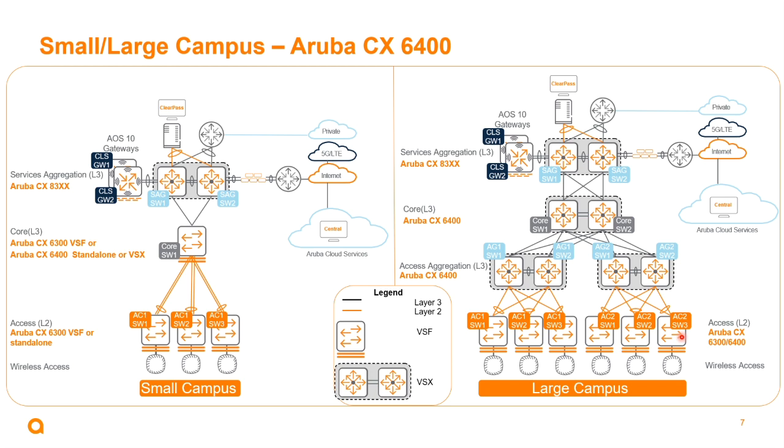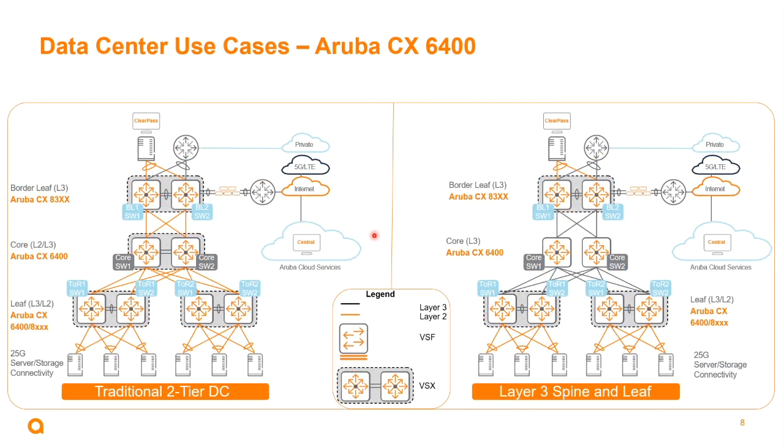So again, we could have a solution that has 6400 all the way from edge, aggregation and core. So let's now move on to data center use cases for the 6400.